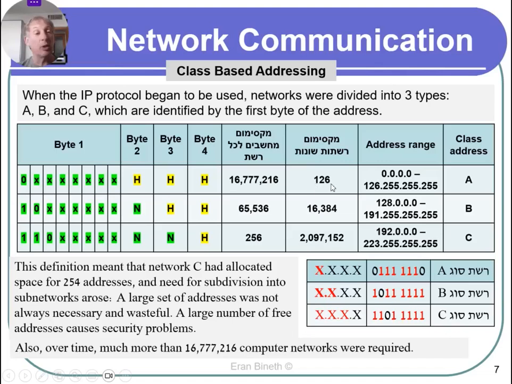The reason that this is 126 and not 255 is that the router wanted to make a fast decision which class that network is by looking only at the most significant bits, meaning 0 here, 10 here, and 110.